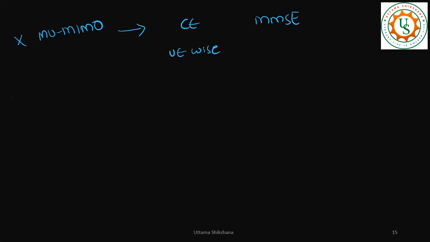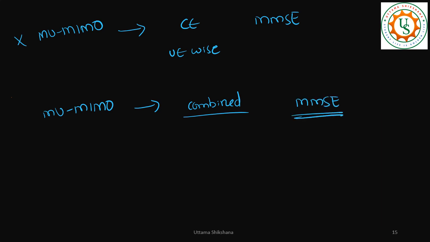But if you are going for multi-user MIMO, then for the paired UVs you definitely have to have a combined channel estimation, and accordingly MMSE also has to be performed in a combined fashion. So there will be a difference in the algorithm for channel estimation and MMSE if there is a multi-user MIMO concept.